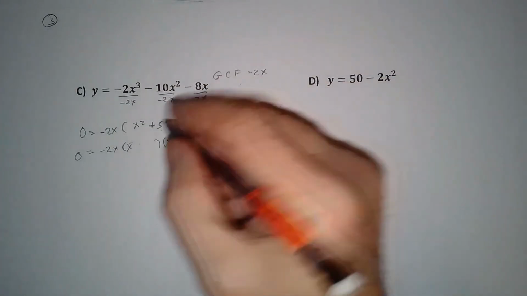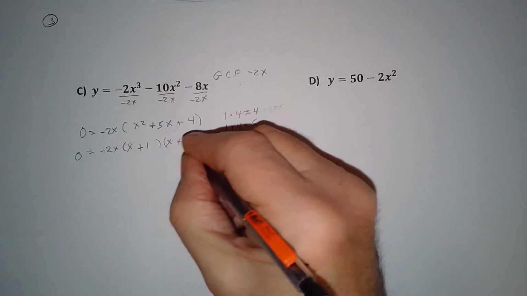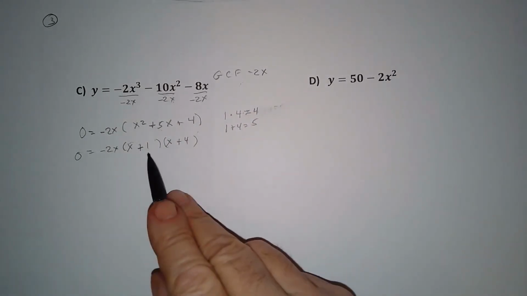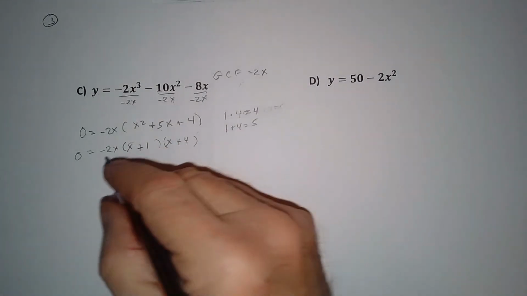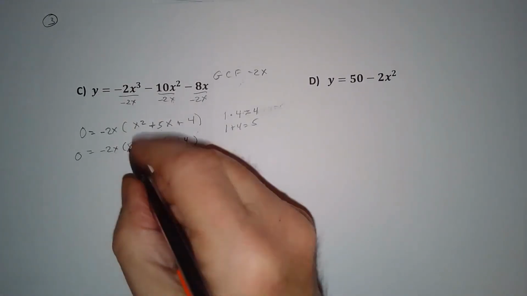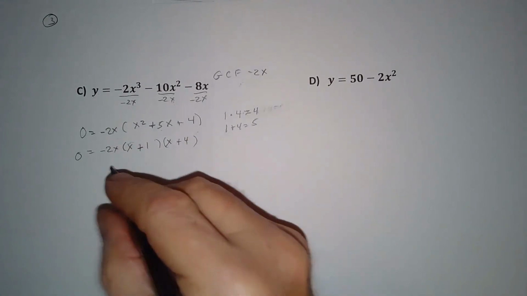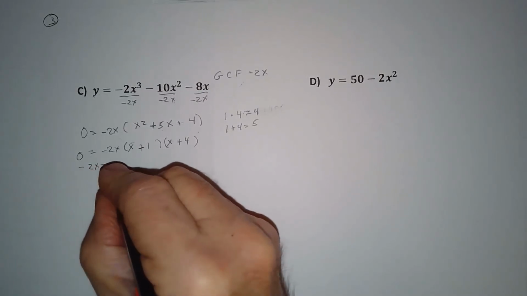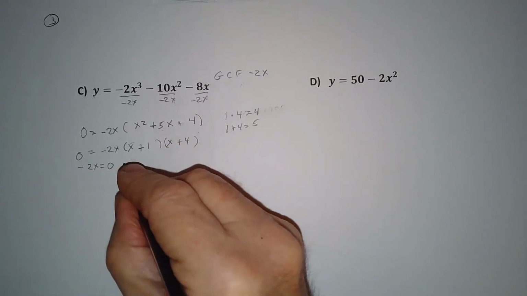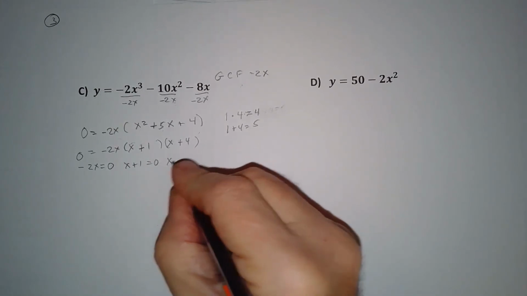And it really doesn't matter which order you put it in. Right? And so now it's pretty simple. We go ahead and we set each of these 3 terms to equal 0. So -2x equals 0. x plus 1 equals 0. And x plus 4 equals 0.